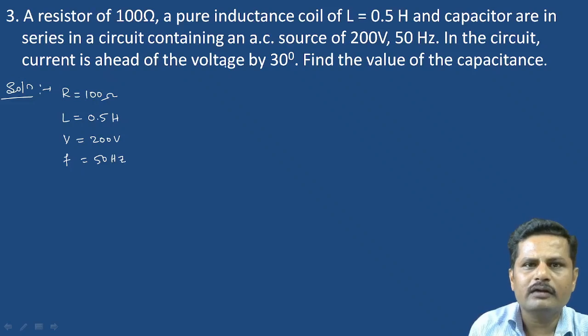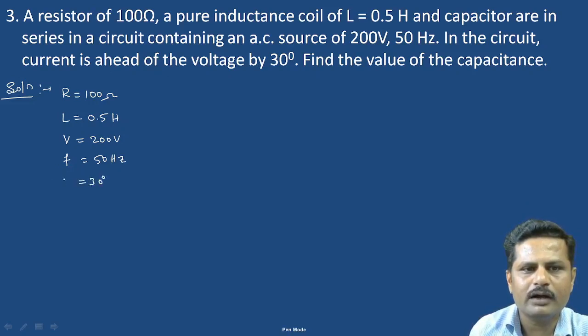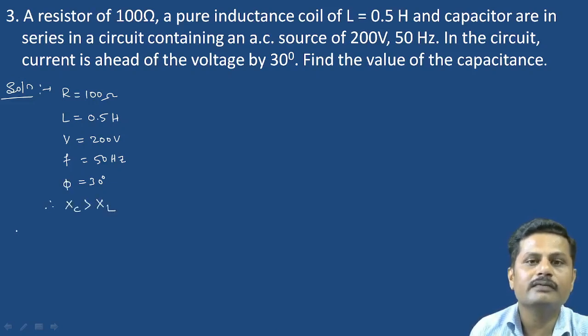In the circuit, the current is ahead of the voltage, that is, current leads the voltage by 30 degree, psi equals 30 degree. Therefore we can take the capacitive reactance to be greater than the inductive reactance. Now we need to find the capacitance of the capacitor.